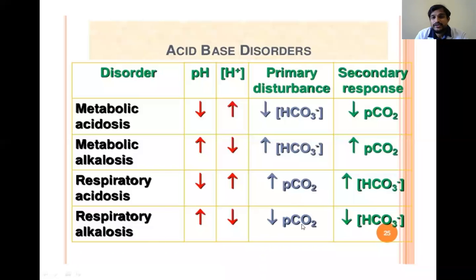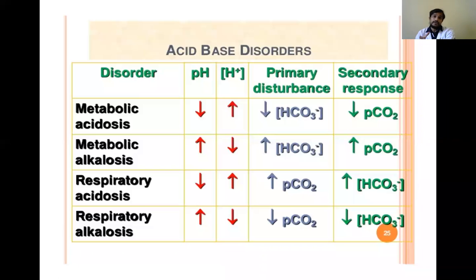Similarly, in respiratory acidosis and alkalosis, there will be disturbance in the partial pressure of carbon dioxide, and the secondary response, that is the increase or decrease of the bicarbonates, will compensate the primary disturbance. So we will see the primary disturbance and the compensatory mechanisms.